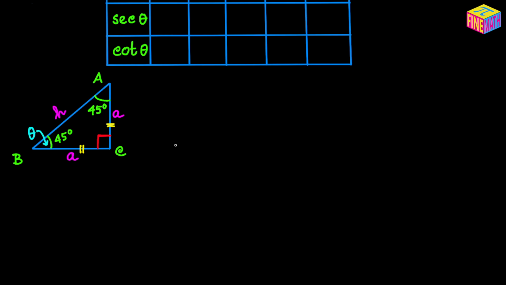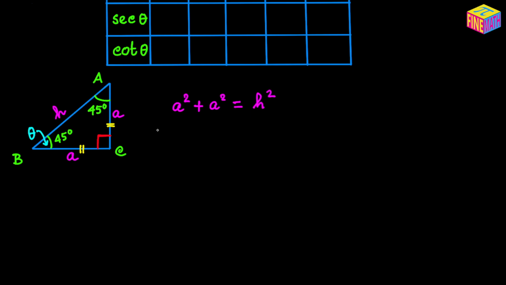Now let's calculate the value of the hypotenuse. Using the Pythagoras theorem, the sum of the squares of two sides: the first side AC is a, and its square is a squared, plus the square of the side BC, that is also a squared, would be equal to the square of the hypotenuse, h squared.